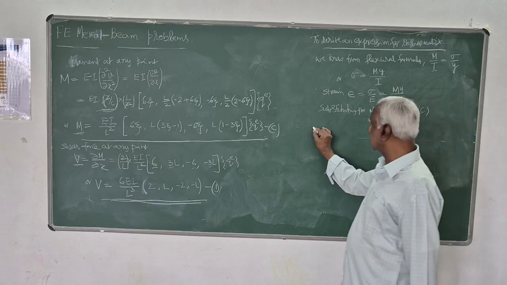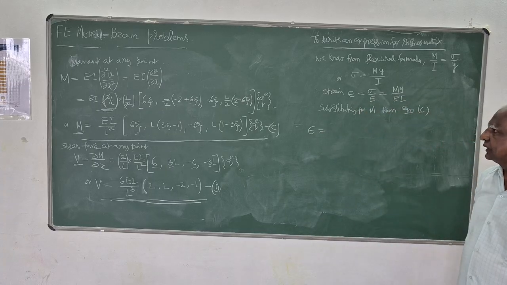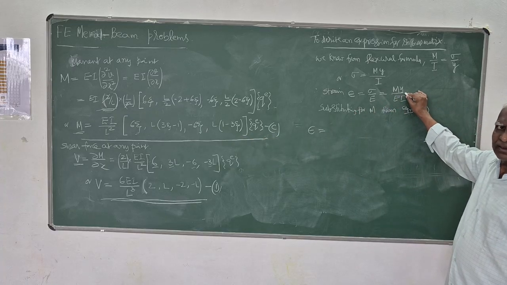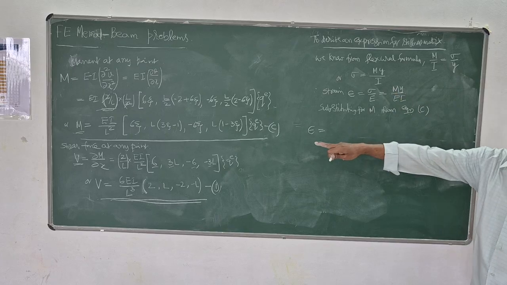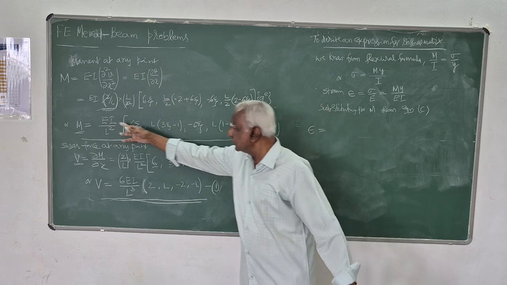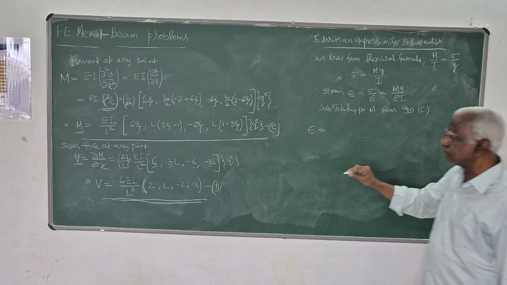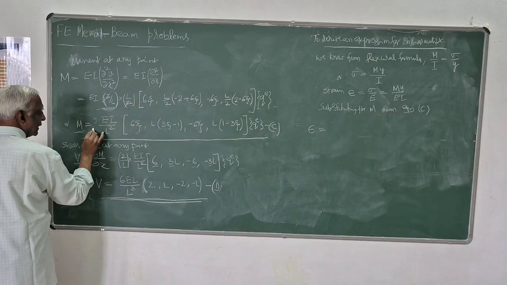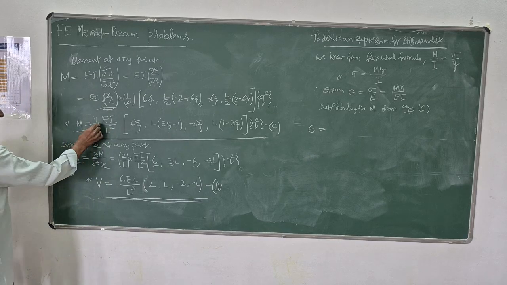So you will get strain epsilon. Here you have My by EI. So for M, I am substituting that entire expression, and for M this entire expression will come into y by EI. Correct?